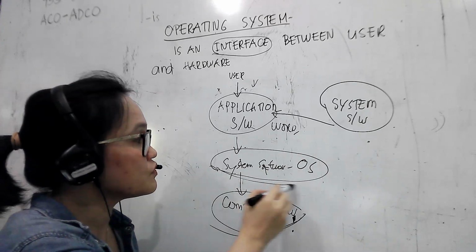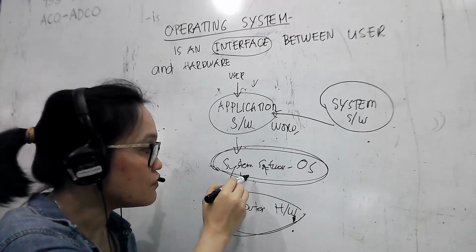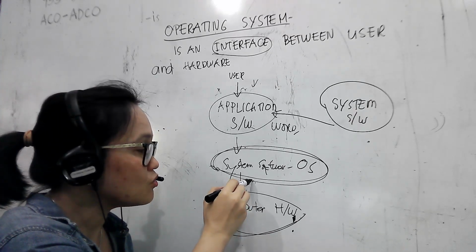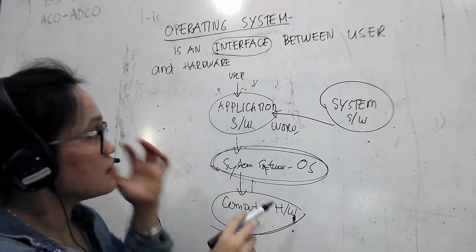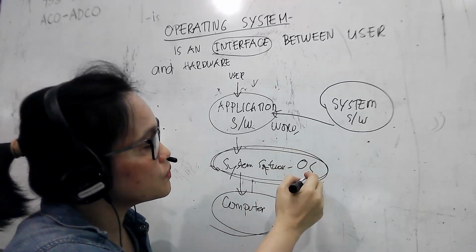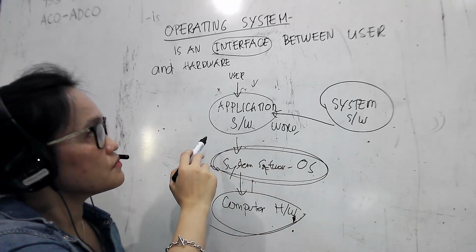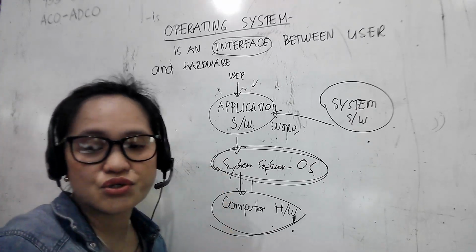The system software will allocate a certain program or certain functions for it to be relayed to the computer hardware. So that's basically what the OS does when it comes to the user, and when it comes to the functions with the application software.